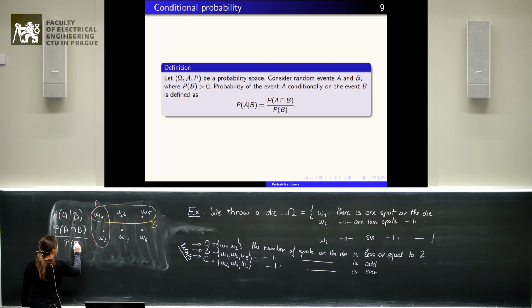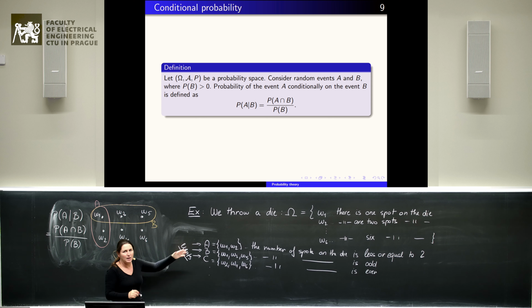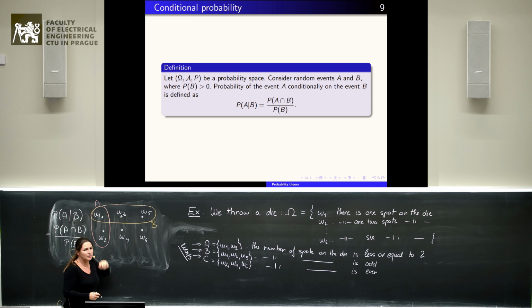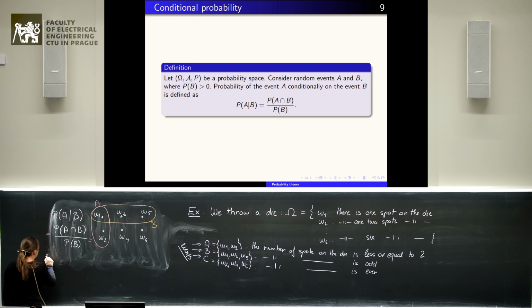And we divide it by the probability of the condition, by the probability of the event B. Because the probability of the event B is 1/2, and we need to have twice as large probabilities for these odd numbers, we divide it by 1/2 in order to make the probabilities of these odd numbers twice as large. In this case, we get the probability 1/3, which is in fact the same as the probability of the event A without any condition.